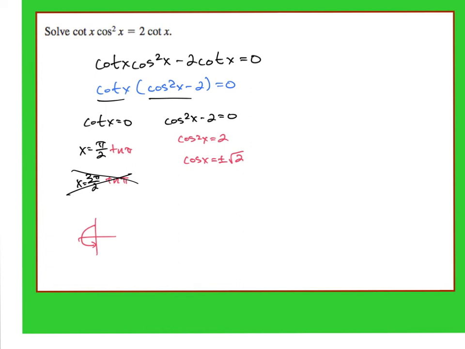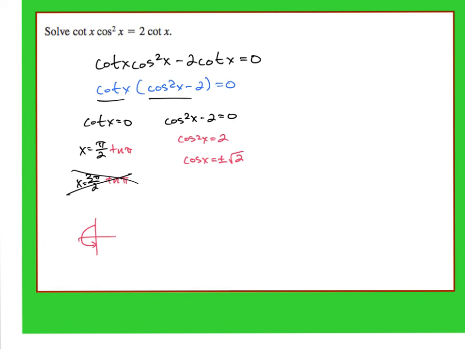So when on my unit circle does cosine give me a plus or minus square root 2? I know you're having trouble with this, aren't you? It doesn't. Why doesn't it? If you have the tangent or cotangent, it's 1.